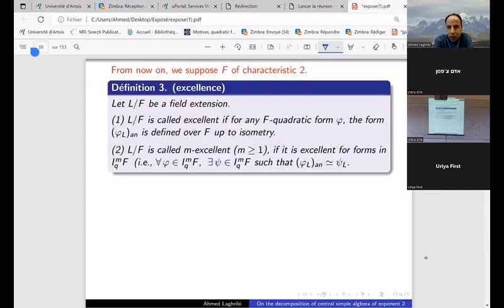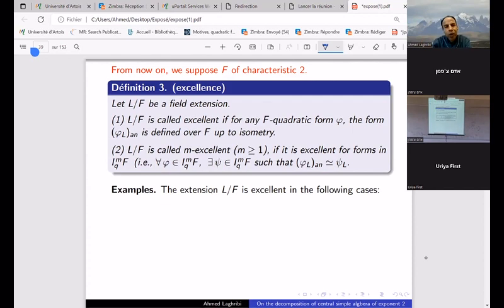For each form phi that you take in I^M Q(F), you can find some psi in I^M Q(F) such that you have this isometry. You extend phi to L, you take the anisotropic part, and you will get your psi after extending scalars to L. Okay, and we will be really interested in the notion of 2-excellence to study our problem of adapted decomposition.